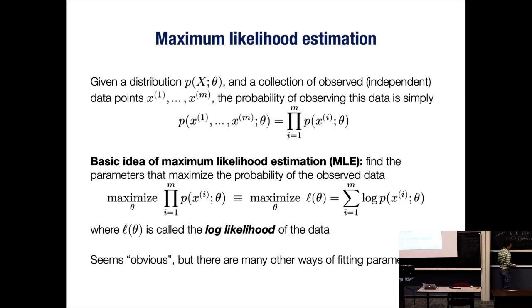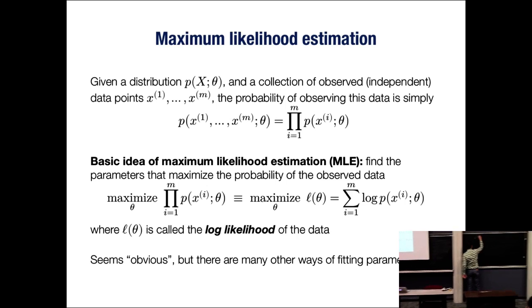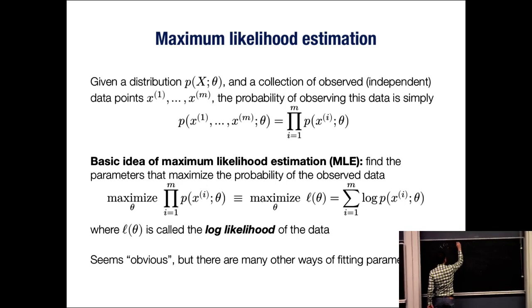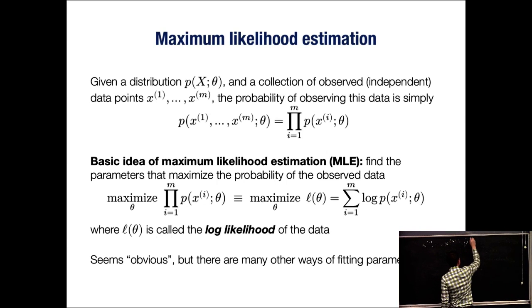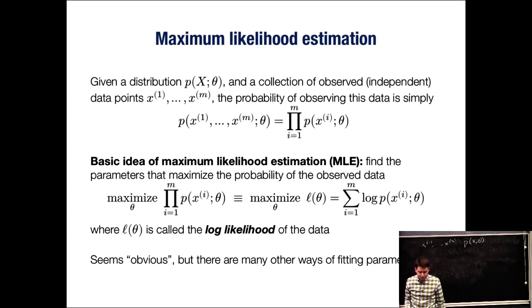Suppose I have some data, x1 to xm. And I want to find a distribution that fits this data. Or rather, I want to find parameters. I have m examples always here. And I want to find some distribution parameters that fit that data well. Well, I can characterize what the probability of this whole sequence is under that distribution.